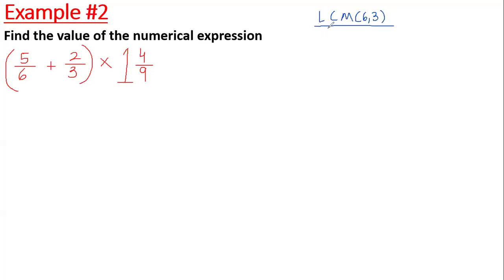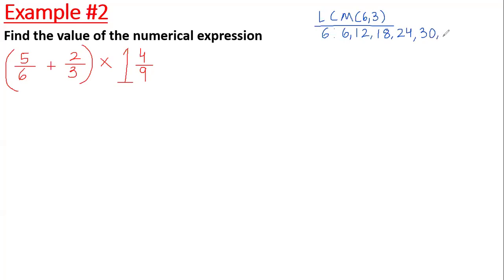What are the multiples of 6? Can someone tell me the multiples of 6, please? 6, 12. What else? 18. Very good. What else? 24. What else? 30, and the list goes on, right?